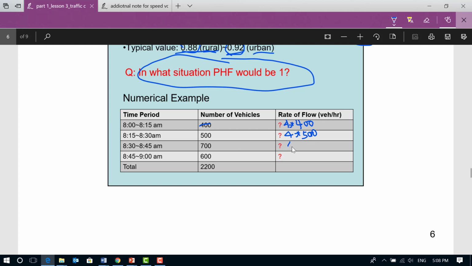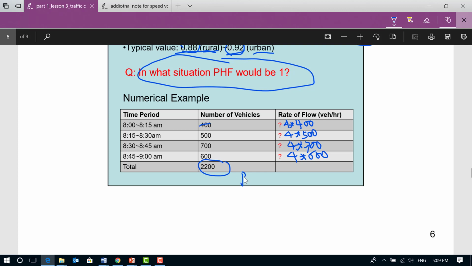The third one is 4 times 700, so 2800. The fourth one will be 4 times 600, so that is 2400. So the total volume actually is 2200.